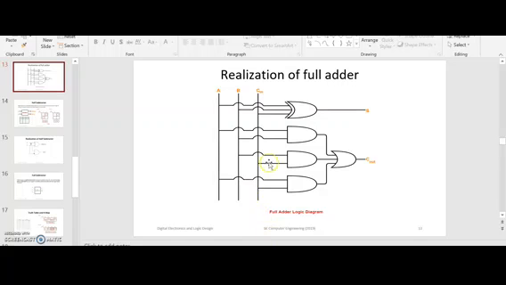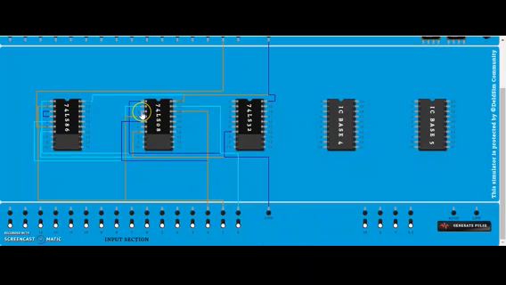Now this AND gate and this AND gate are ORed together. So this output 3 of AB will be connected to this OR gate, and similar to this, 4 and 5.